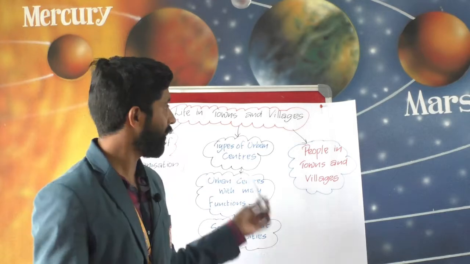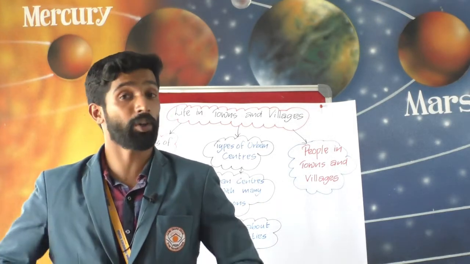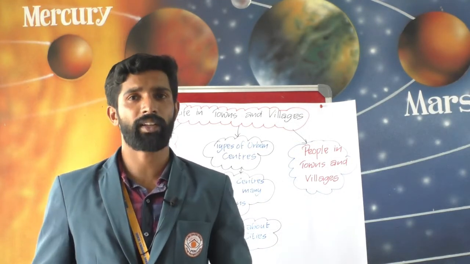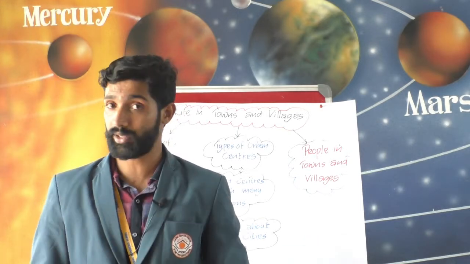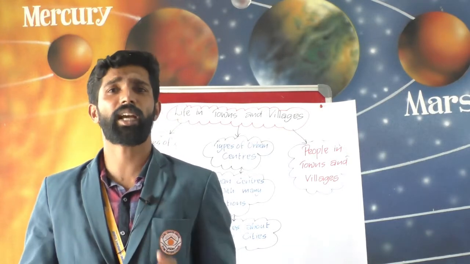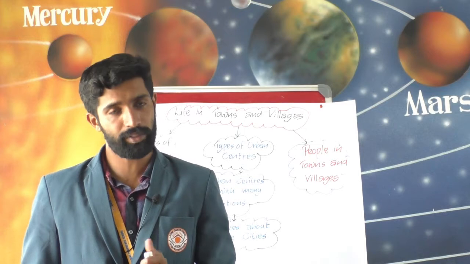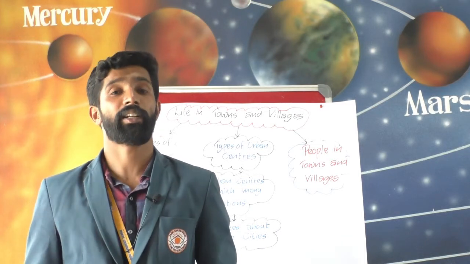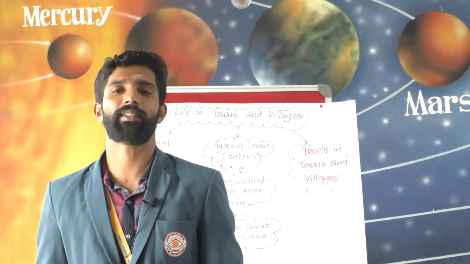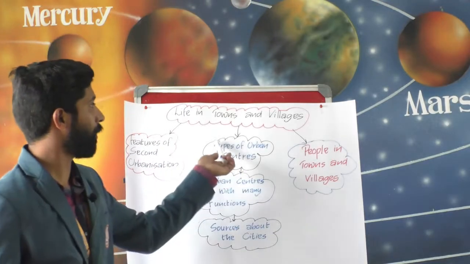So, in this chapter, we will discuss the growth of agriculture and trade related to the second urbanization, then the types and categories of towns and cities, and the life of the people in towns and villages. Let us have a look at the mind map.